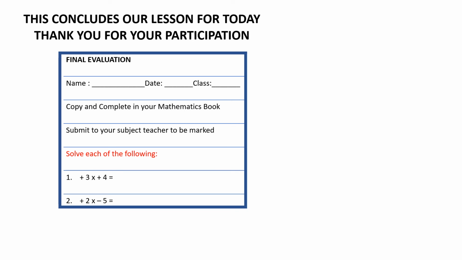Make sure you have your name, your date, and your class. Copy it in your maths book. And then you will email me a copy of it for me to mark it, for me to help understand if you all follow the lesson properly and if you all need help in any other areas here. All right, so that's your final evaluation. Make sure you try this and you email me a copy of it.